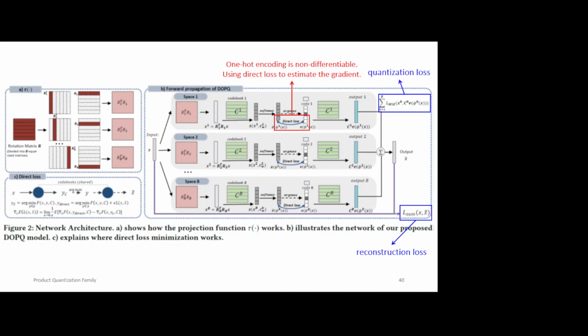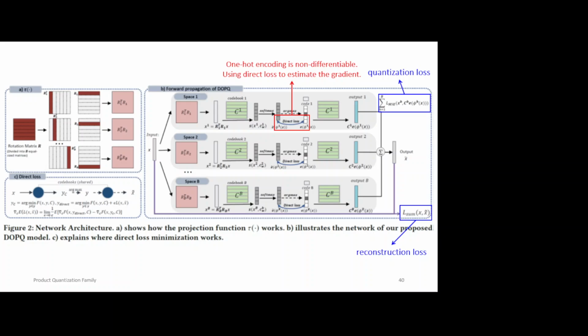Alright, so here is their second contribution they mentioned. They said such a one-hot encoding is not differentiable. So instead of using the straight-through method from the previous paper, here they propose another, called direct loss, to estimate the gradient passed to the next block, to the next layer. Here is the derivation of the direct loss.